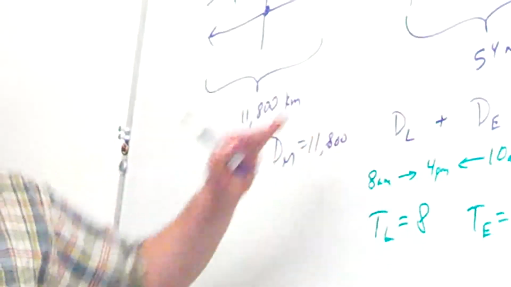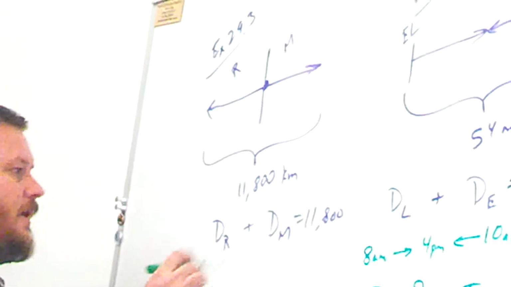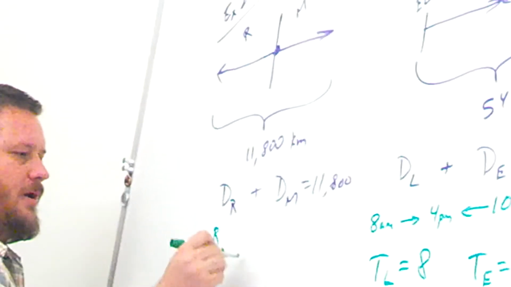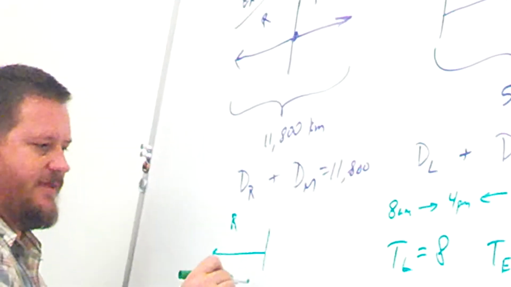Now, like the last example, this one also has clock times. It says at noon. I'm putting this in green so that you know we're talking about the equations for other relationships like time. For Rocketman, he leaves at noon, 12 p.m., and takes off that way.